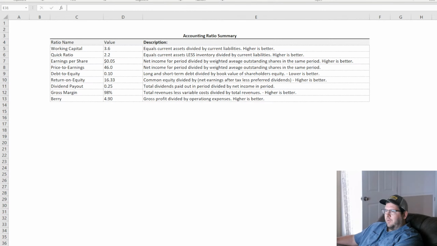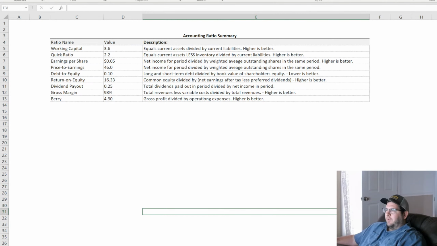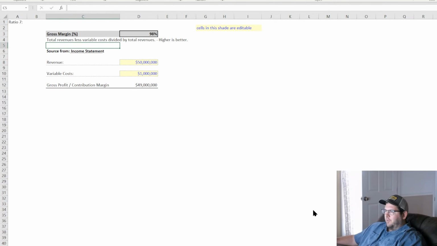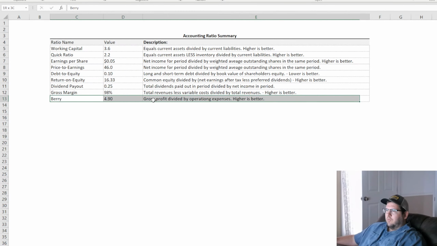Profit margin. I mean, I guess we can add profit margin. So gross margin and then profit margin. Put that after gross. What's my order here?